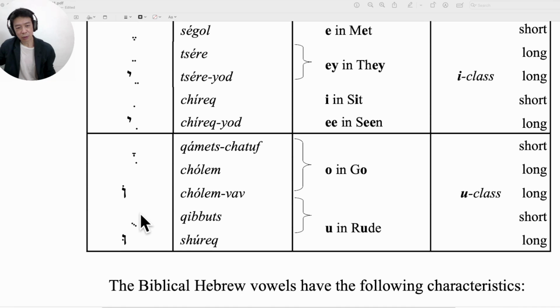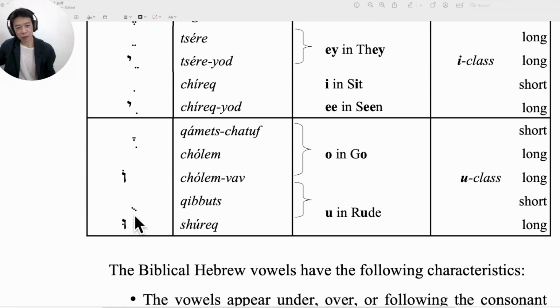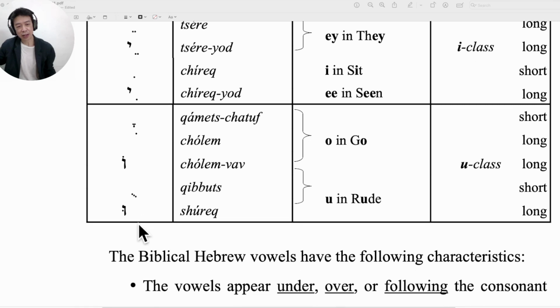The next two are pronounced with an oo sound. The one with the 3 dots that slants downwards is called a kibbutz. It's pronounced like an oo, as in rude. And the final one, with a dot in a vav, is called a shuruk. It's also pronounced with an oo sound.